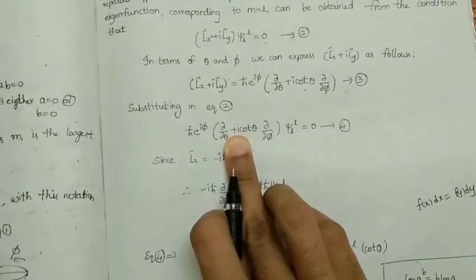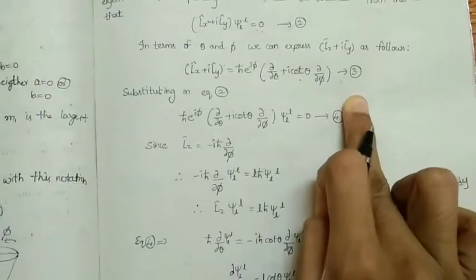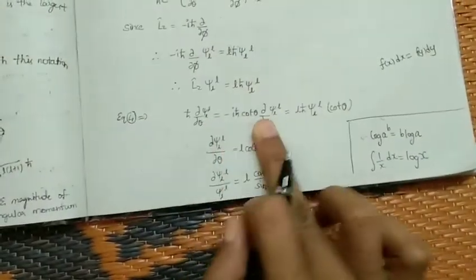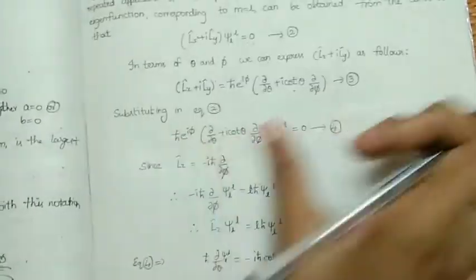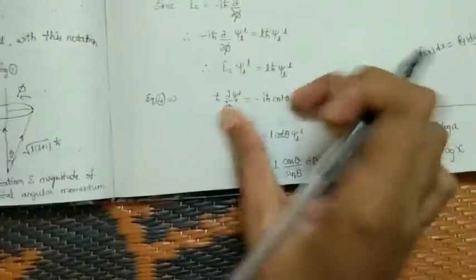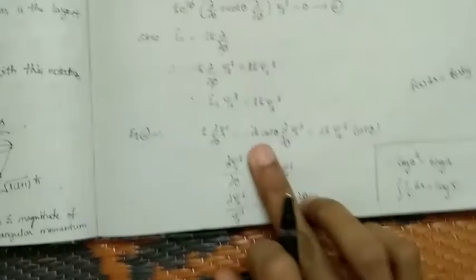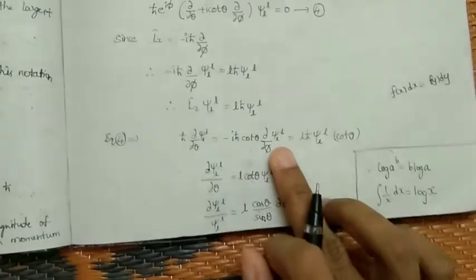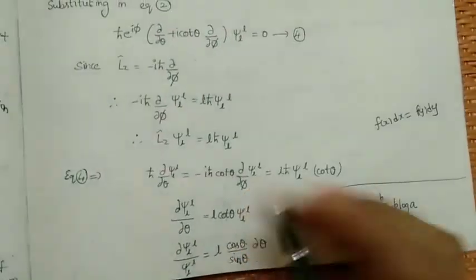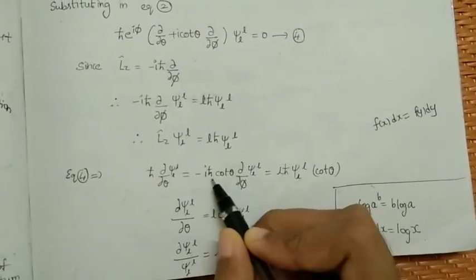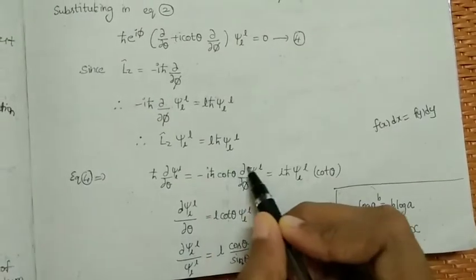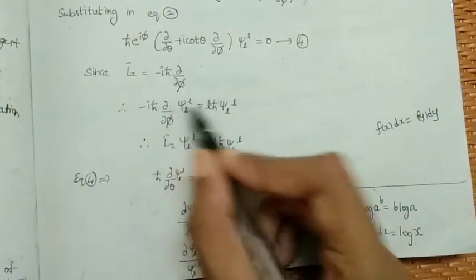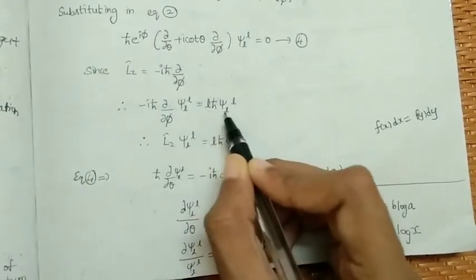Here it is getting added, so if we send it to that side, it would become minus. So that's why we have minus. So the same equation is modified in this manner. After modification, we would have this. And next, as we already know, minus iħ ∂/∂φ is nothing but Lħ ξ_L.